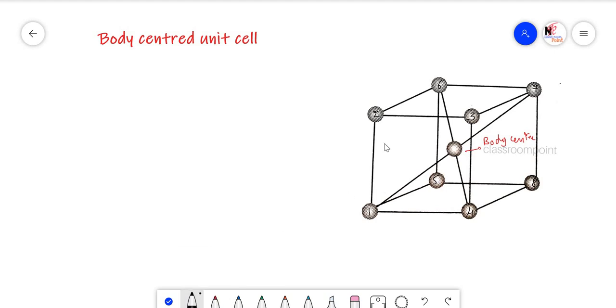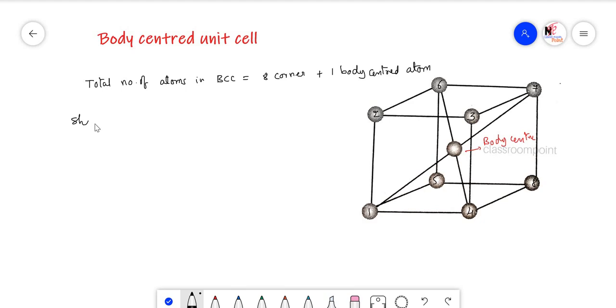The corner atom's contribution towards any unit cell is only 1/8 part, that we discussed in the simple cubic. So let us discuss the total number of atoms in this unit cell. Total number of atoms in the body centered unit cell equals 8 corner atoms plus 1 body centered atom.